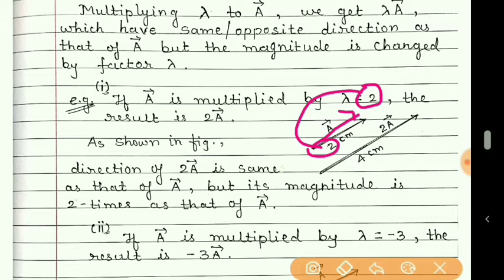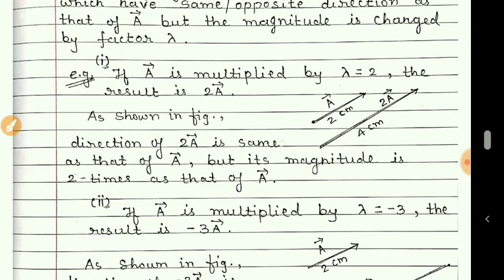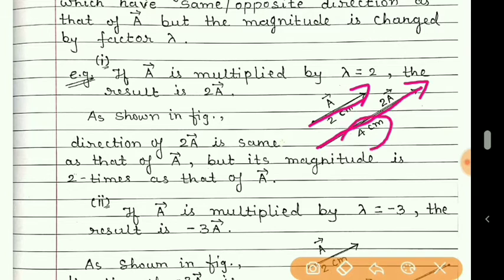So the resultant vector, which is 2 into vector a, has a magnitude of now 4 centimeter. Means magnitude has changed, but you can see the direction remains same. Initially vector a has this direction, and now the resultant vector obtained by multiplying a real number has the same direction. Only difference is the magnitude has changed.